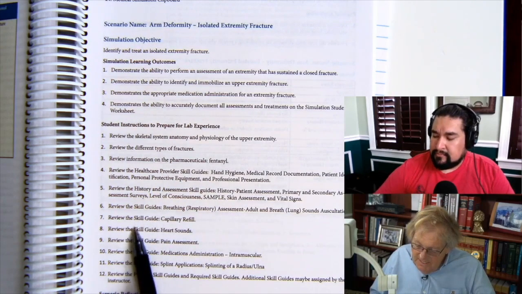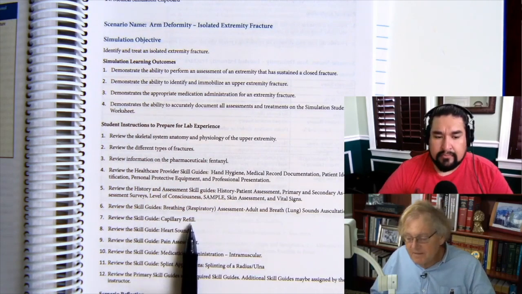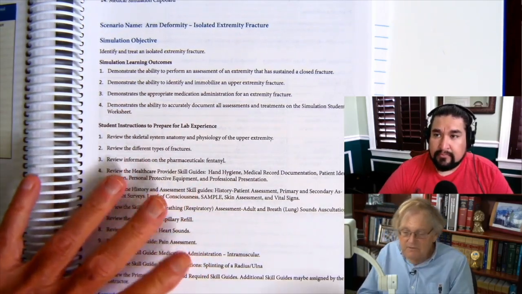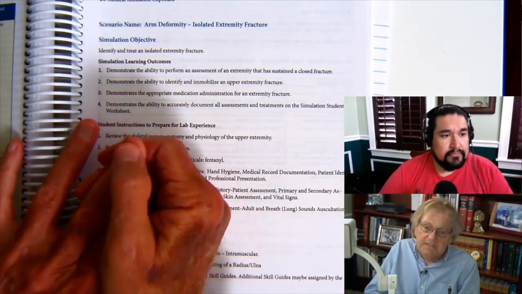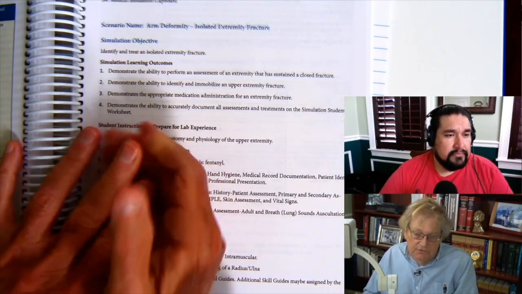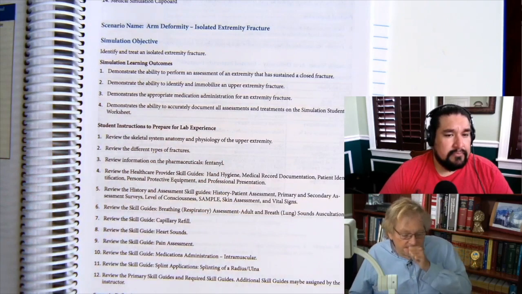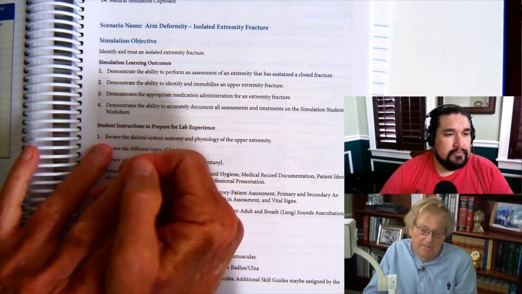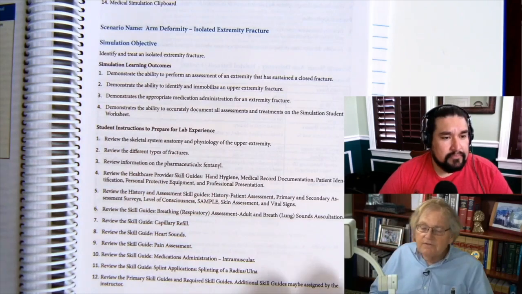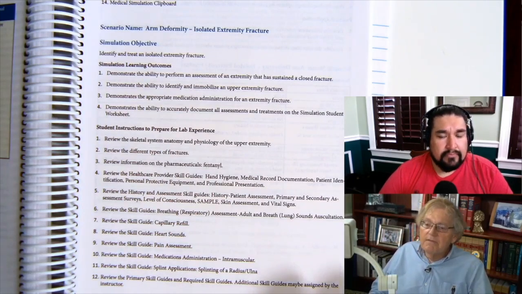Review the skill guide for capillary refill. You'll see inside of this lab manual, it tells you how to do a capillary refill. I'm going to press down on my nail bed and release it. And within 2 seconds or 3, I should have the color come back to my nail.